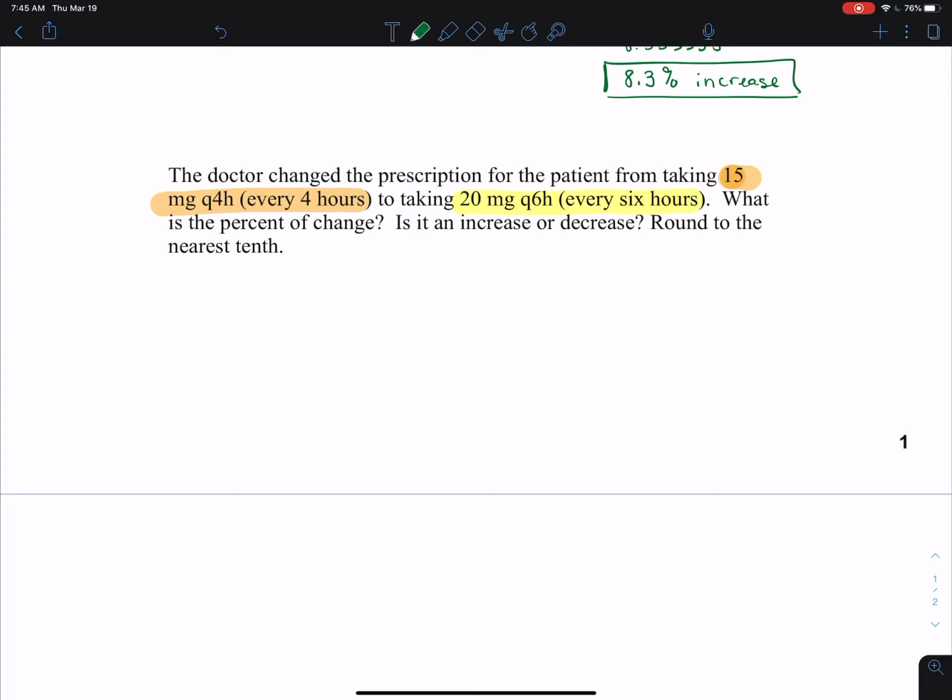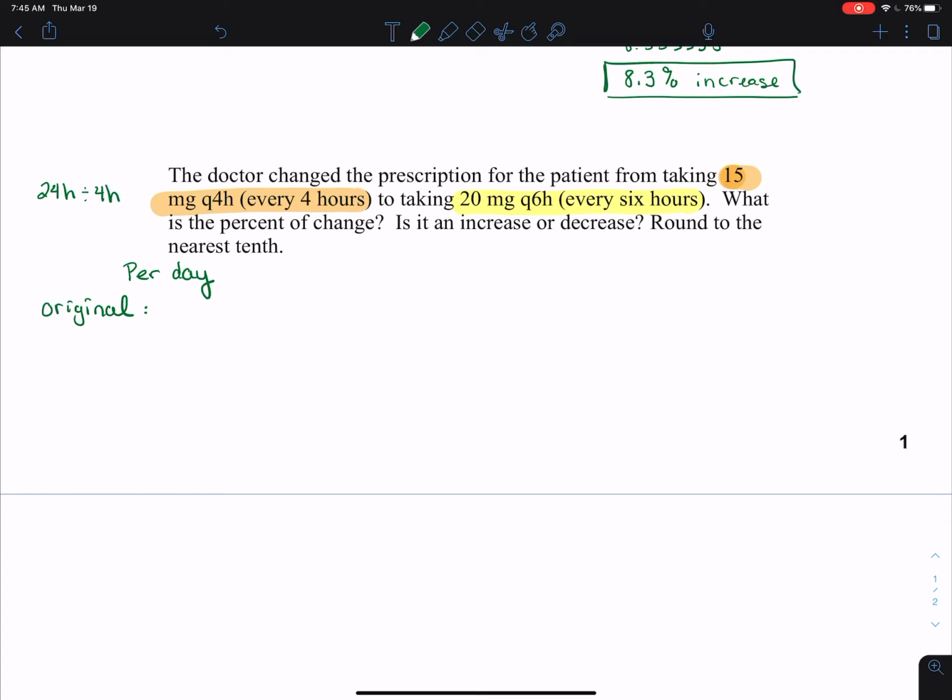So we need to find how much we're going to be getting in some common time period. So I'm going to look at how much we're getting per day. If we look at the original, we're getting 15 milligrams every 4 hours. If we're getting it every 4 hours, well, there's 24 hours in one day.